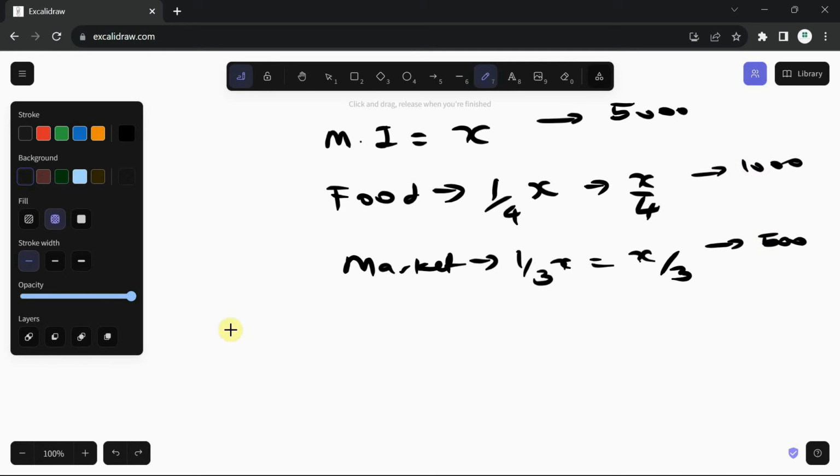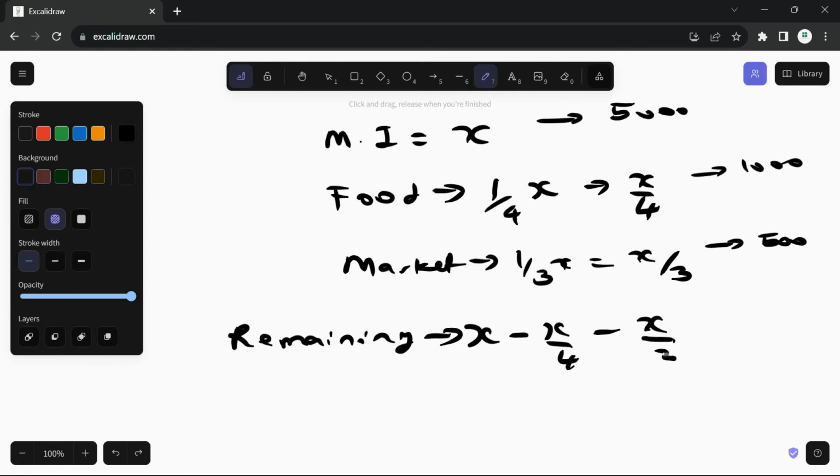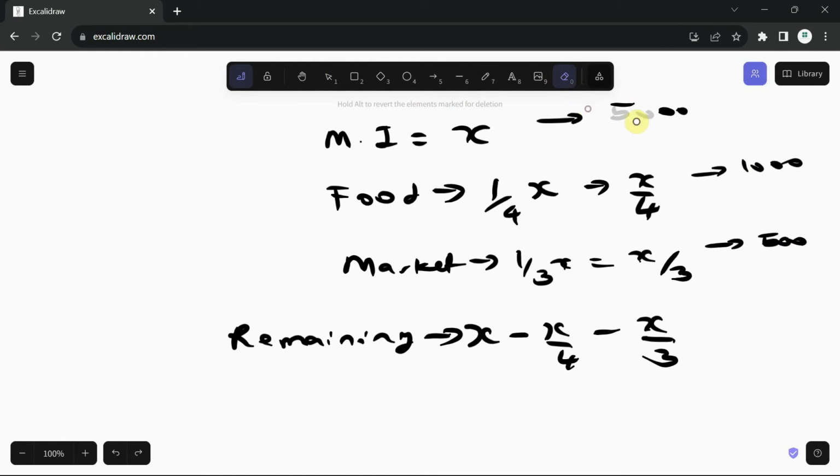So what she had remaining in this case, I just use those as examples, would be x minus x over 4 minus x over 3. Remember, these 5,000 and 1,000 are just basic examples that I used to express what I wanted to get at the end of the day.